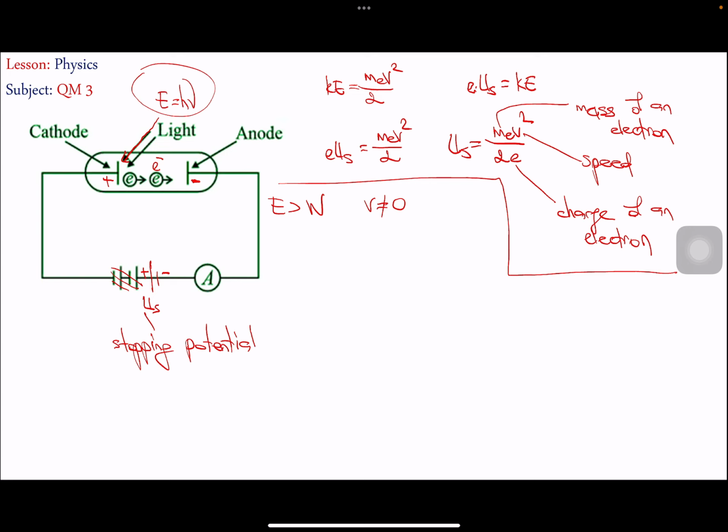I'll write h nu equals h nu minimum plus e U S, or I can rewrite the same thing in terms of lambda, hc over lambda equals hc over lambda minimum plus e U S. So you see here, the third case is rewritten in terms of stopping potential.